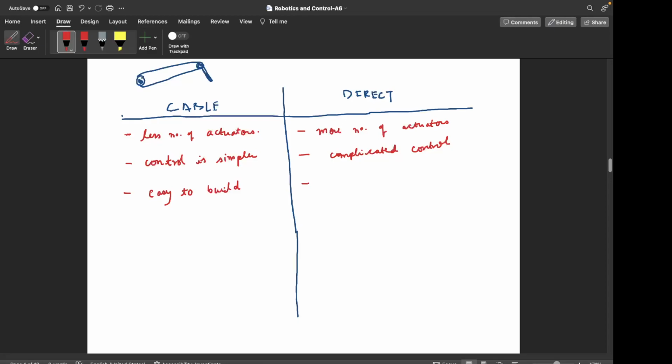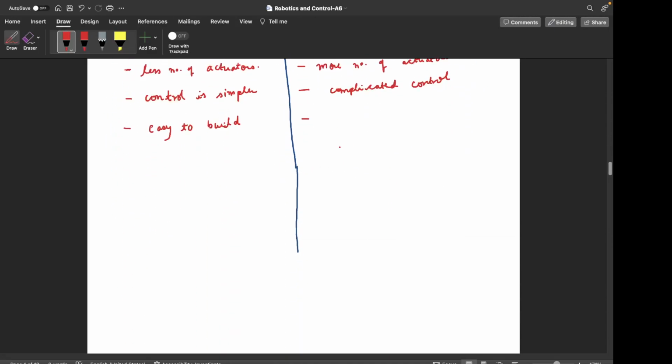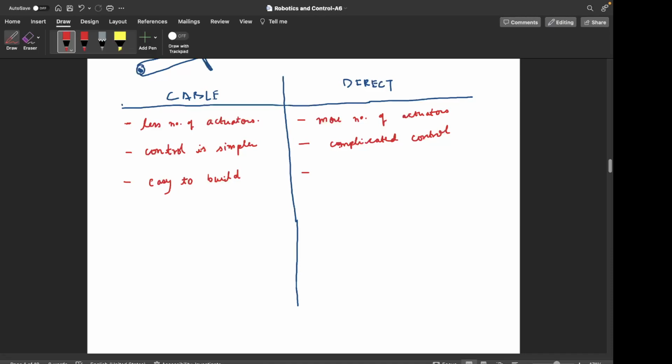Now here we are focusing on a specific type of exoskeleton, that is this finger exoskeleton. In a finger exoskeleton, the person has to wear it over one finger, or multiple fingers. So if we use a direct drive mechanism, then at each joint you have to put an actuator, and since you have to make it lightweight and comfortable, and it has to power the link also, you would need very small motors which have good enough power also.